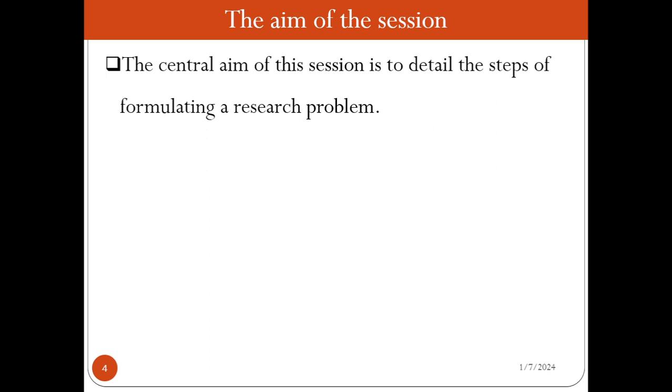So the primary aim of this session is to give us enough information about the steps of formulating a research problem, so that we know how many steps are really essential in order to be able to produce an appropriate research problem.